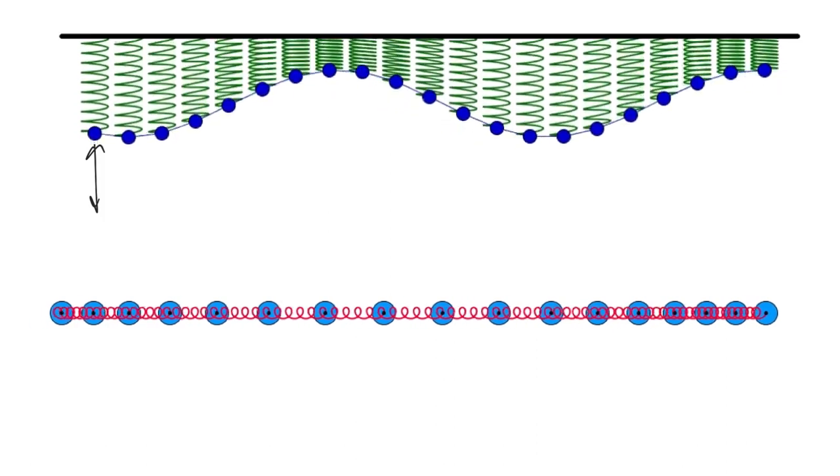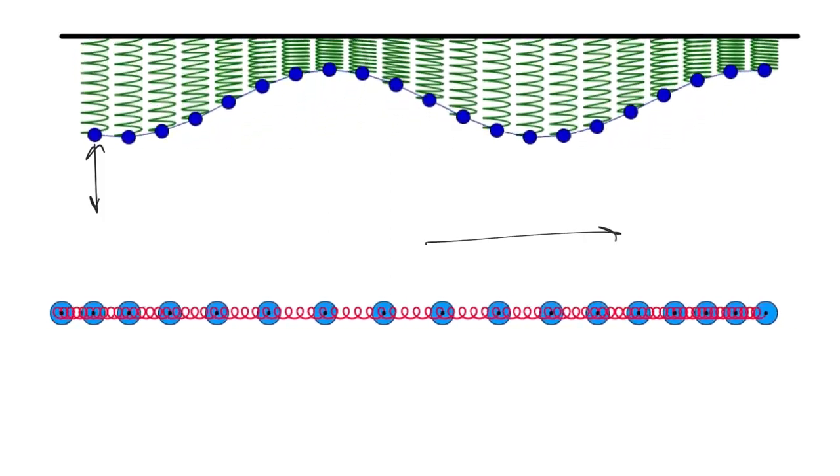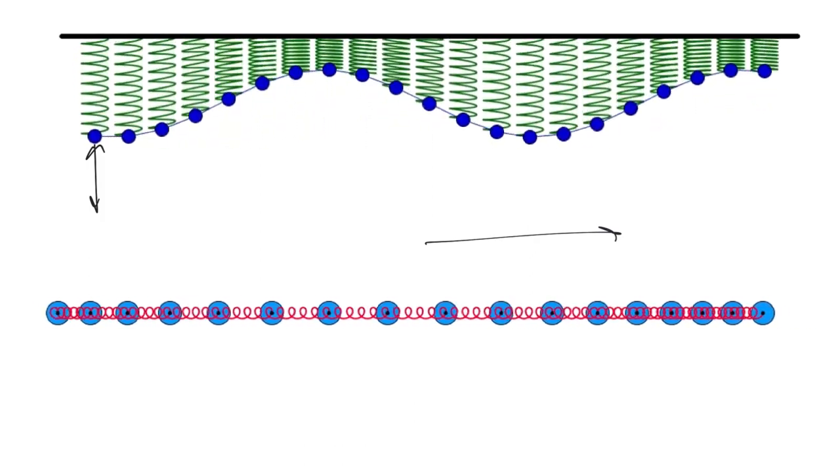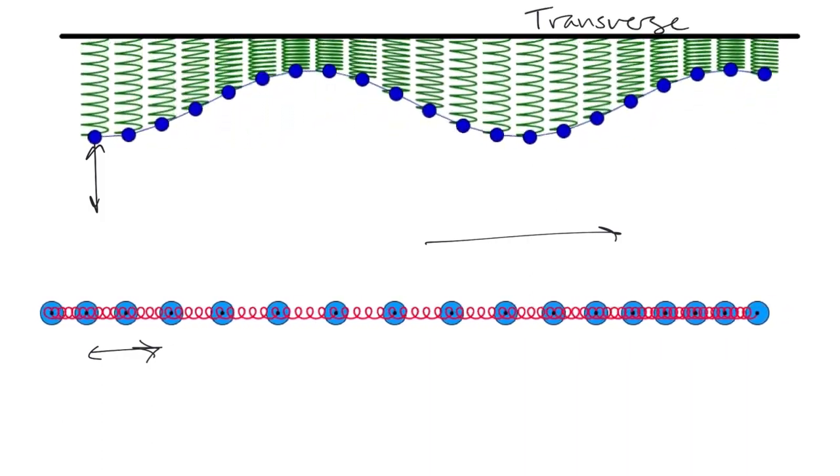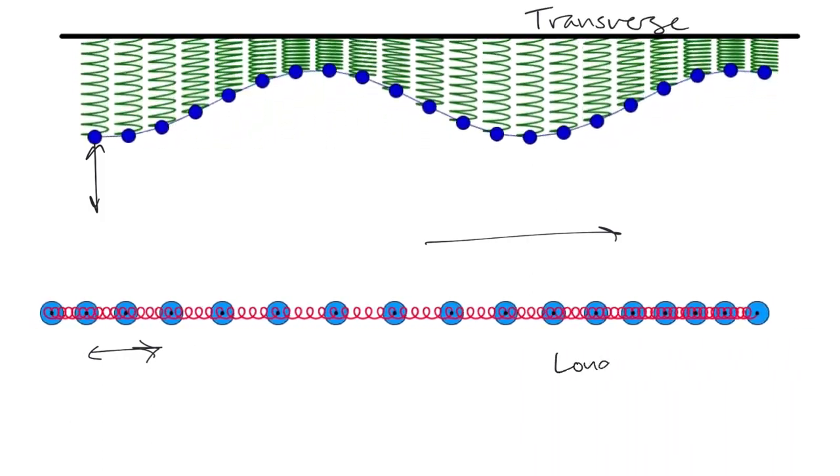If you follow an individual blue particle, it moves up and down while the wave is moving to the right. Now in your longitudinal wave down there, the wave is still moving to the right, but the particles themselves are going back and forth left to right, okay? In the top one, they're going up and down, and the bottom one, they're going left to right. This top one is transverse, and the bottom one is longitudinal.